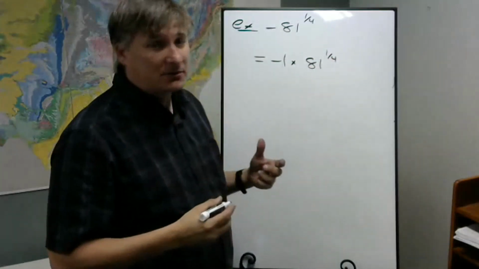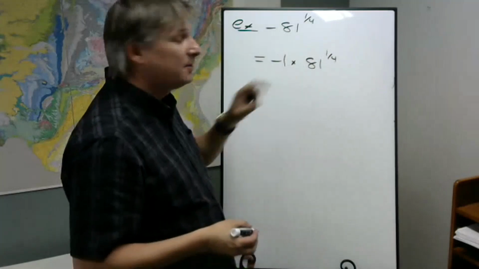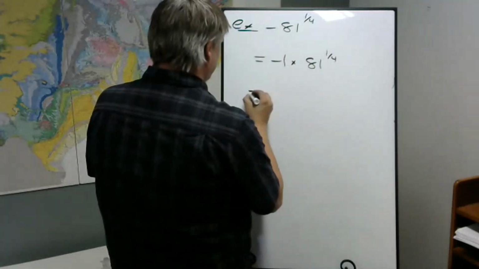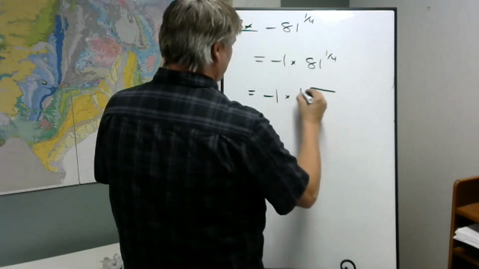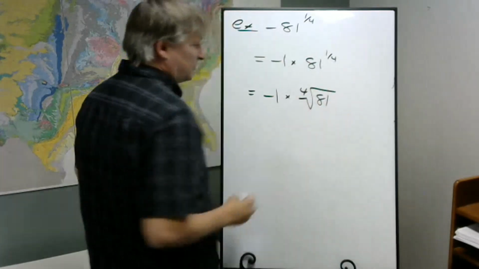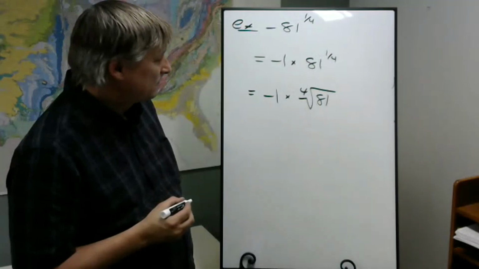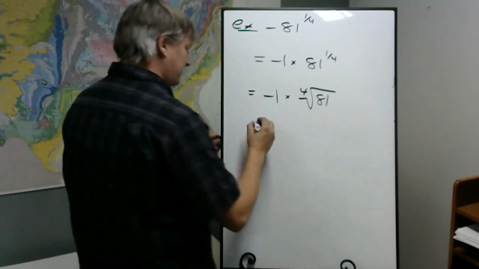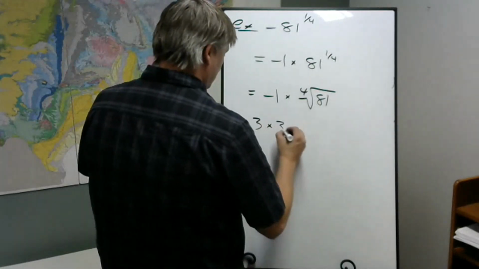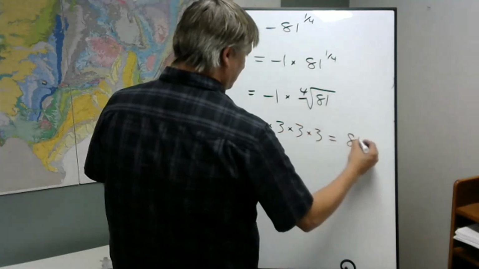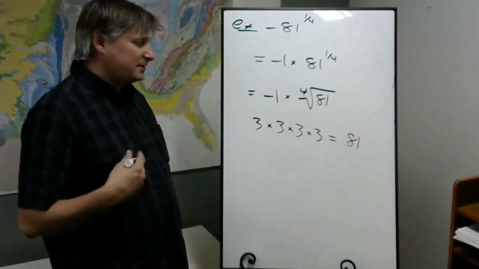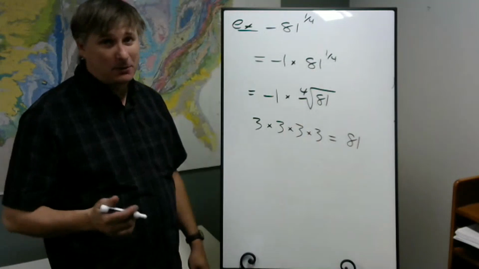And then we follow PEMDAS. Exponent, then the multiplication. So the fourth root of 81. Well, it turns out three times 3 times 3 times 3 is 81.